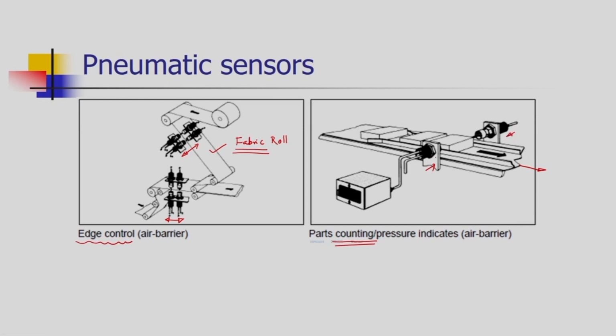As a box comes in between the passage of compressed fluid, we get a signal, and when no box is moving, naturally no signal will be generated. In this way the pulses generated by the pneumatic sensor will give the number of parts, or the counting of the parts.